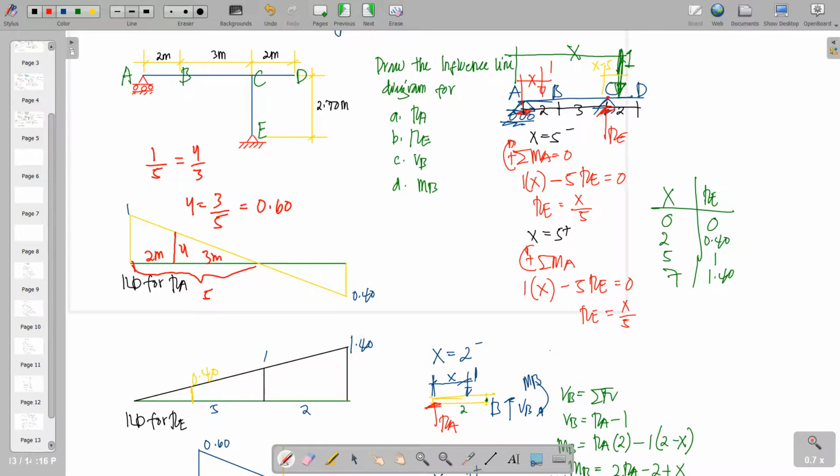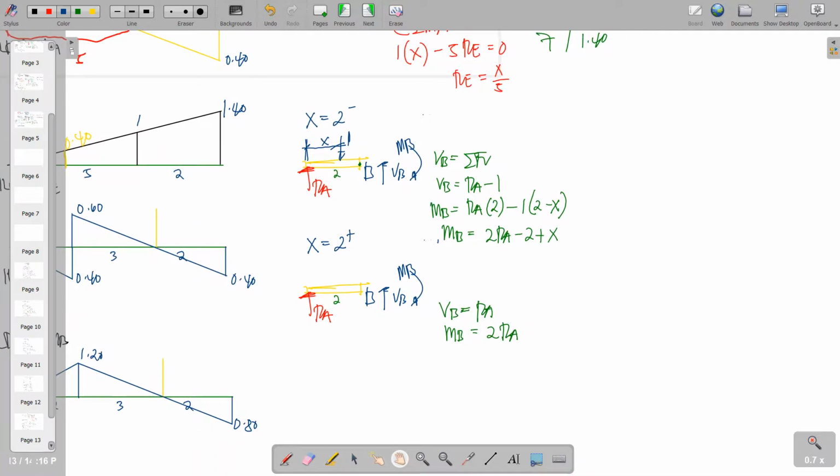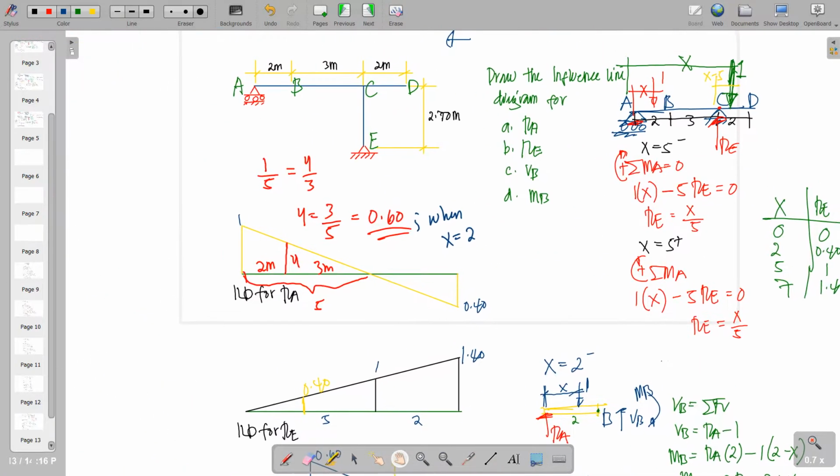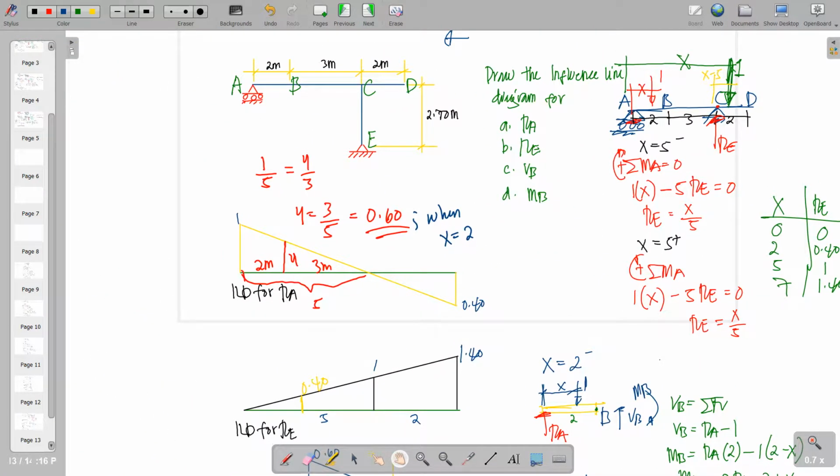So when x is 2, your RA is 0.6. Why 2? Because we are concerned with the shear and moment at B.